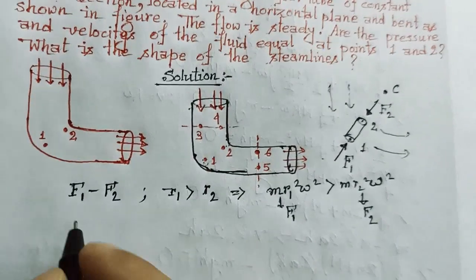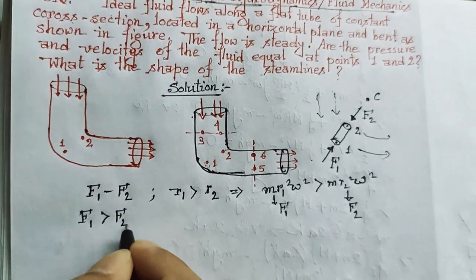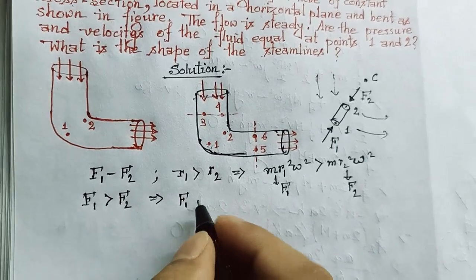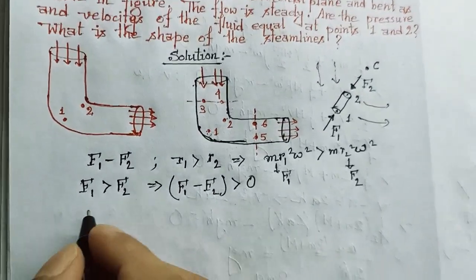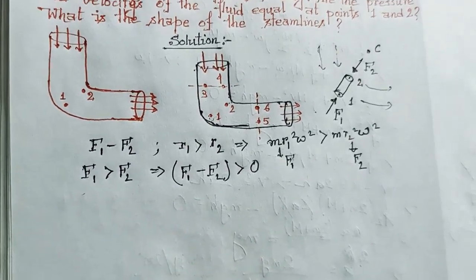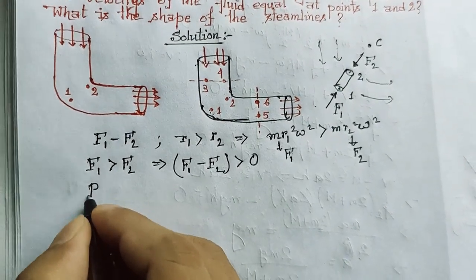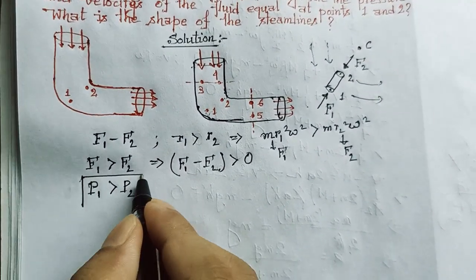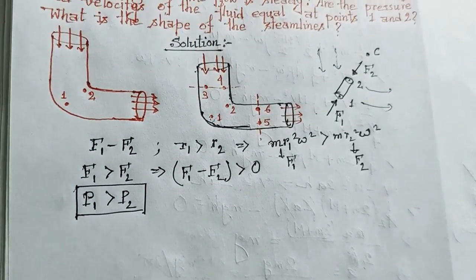As F1 is greater than F2, we can conclude F1 minus F2 is greater than 0, or F1 is greater than F2. If F1 is greater than F2, then if we divide this force by its corresponding area of cross section, we find P1 will be greater than P2. So the pressure at point 1 will be greater than the pressure at point 2.